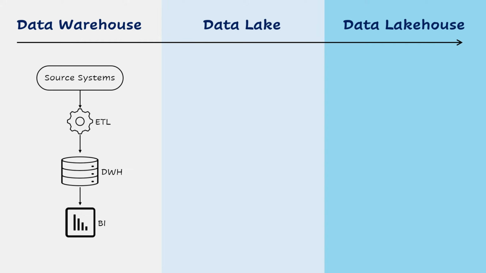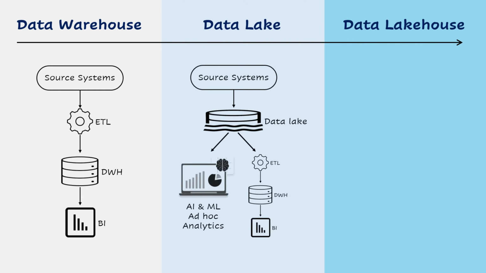However, as the volume, velocity, and variety of data grew, data warehouses struggled to keep up. The industry needed a new approach to handle unstructured data, like logs, social media posts, images, and more. This led to the creation of the data lakes. Now, data from various sources could be ingested into the data lake and stored in its raw form, ready for further processing.